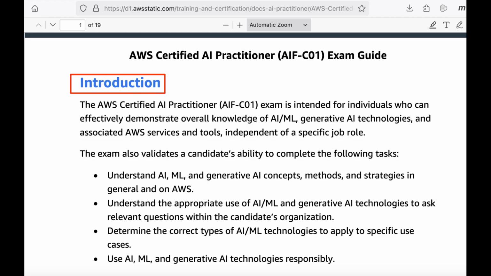The AWS Certified AI Practitioner certification is a role-agnostic qualification that validates fundamental knowledge of AI, ML, and generative AI technologies with specific focus on AWS implementations. The certification emphasizes practical understanding and responsible use of AI technologies, enabling professionals to make informed decisions about AI applications within their organizations.